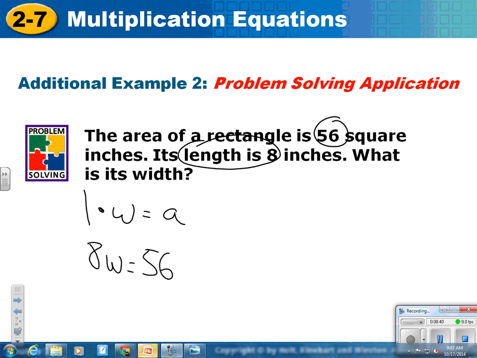What's happening to the variable? Well, right now it's being multiplied by 8. The exact opposite of multiplying by 8 is dividing by 8. And Krista, where do I have to do that? Let's do both sides. That goes away. We're left with W equals, what is 56 divided by 8? 7. Do we have a unit? Yep, 7 inches.